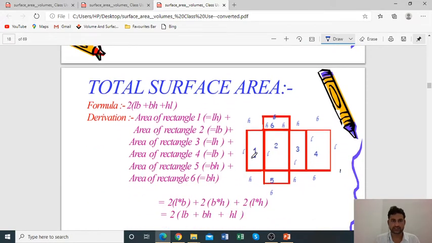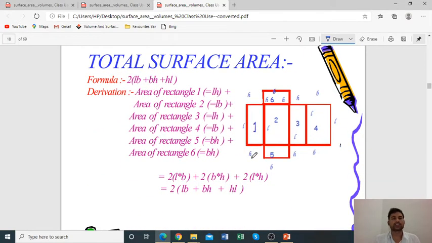Next, the total surface area of a cuboid. The total surface area formula is 2 times (length times breadth, breadth times height, height times length). Area of rectangle 1 is length times height. Area of rectangle 2 is breadth times length. Area of rectangle 3 is length times height. Area of rectangle 4 is length times breadth.